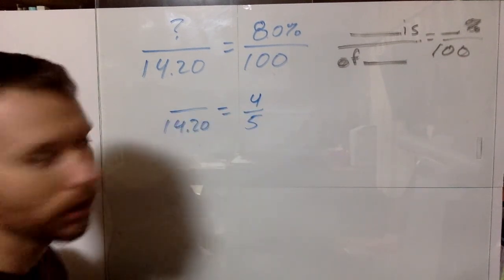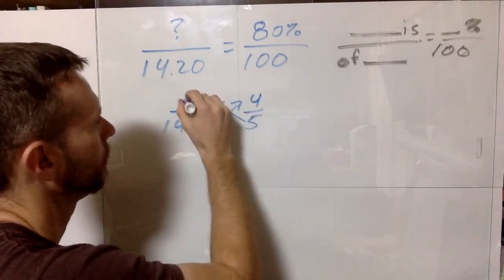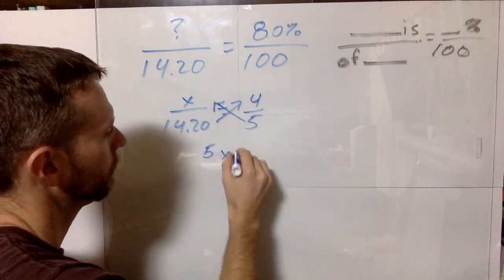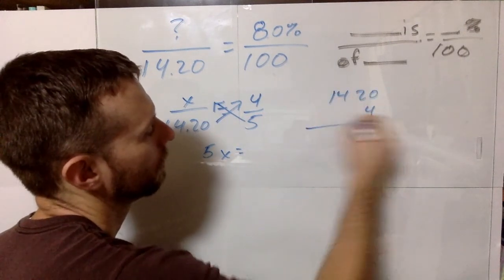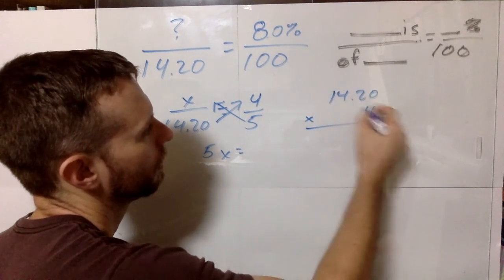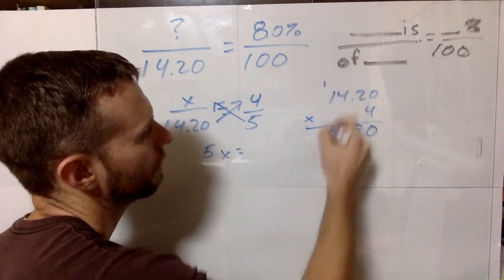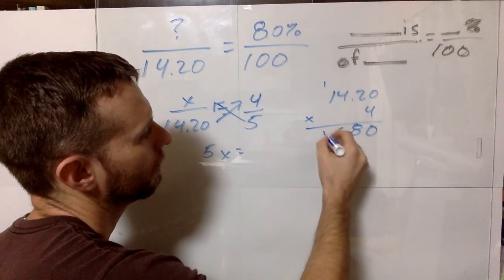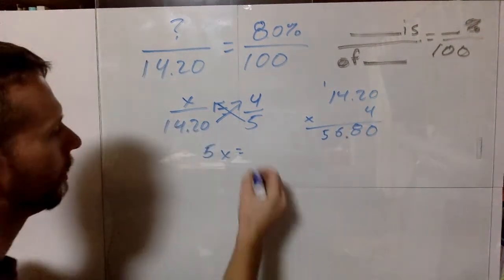And now we need to do the cross products. 5x equals, and then let's see, 1420 times 4: 0, 8, 16, 56, right? 5680.